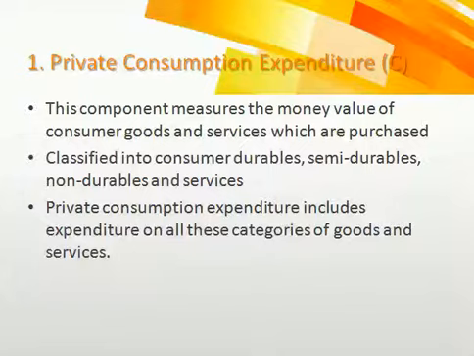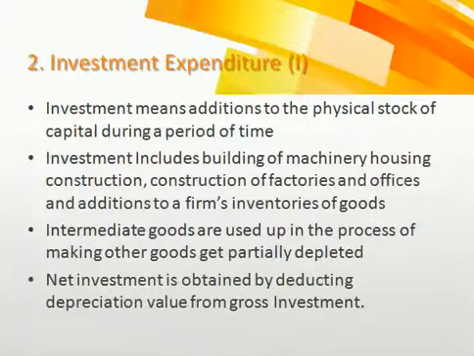Second is investment expenditure. Investment means addition to the physical stock of capital during a period of time, and investment includes building of machinery, housing, construction of factories, offices, and additions to a firm's inventory of goods. Intermediate goods are used up in the process of making other goods and get partially depleted.